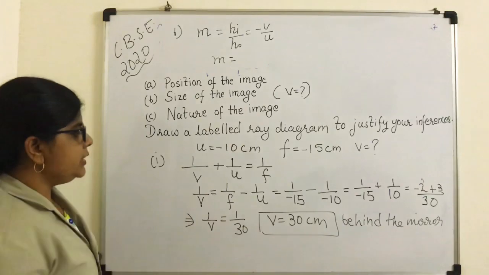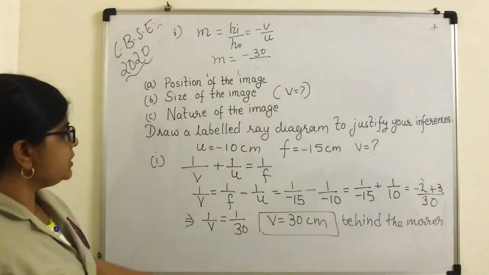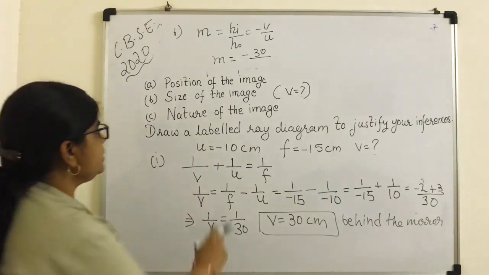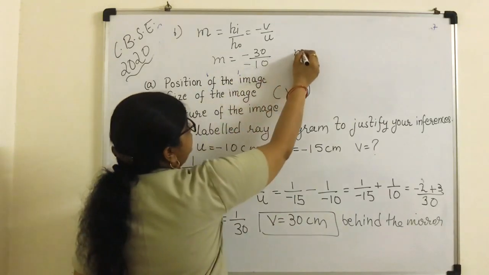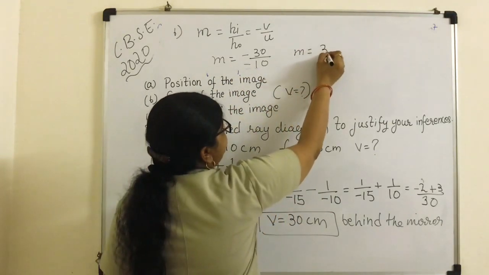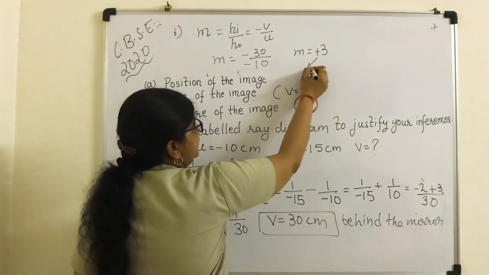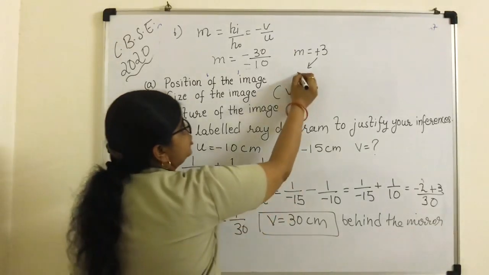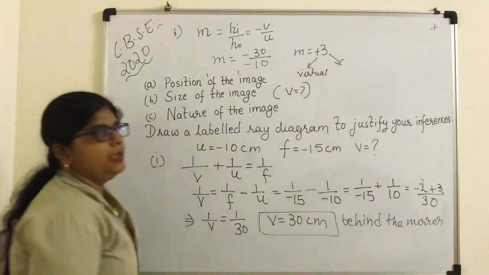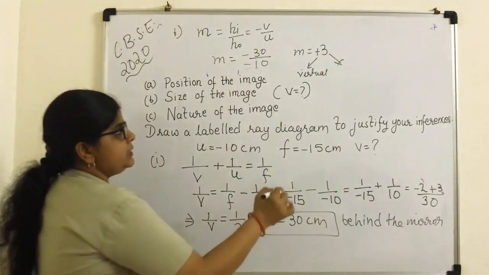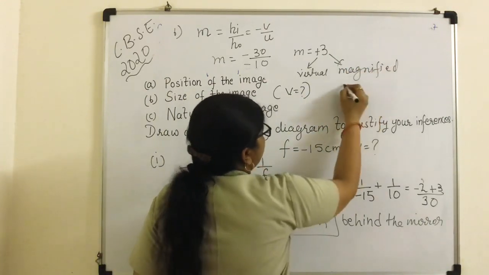What is v? v is 30, we have just found it. And what is the value of u? u is minus 10, it was given. So what about the sign? Magnification will become positive 3, plus 3, right? What does it mean? Plus sign indicates that it is virtual, and 3 indicates that it is magnified 3 times.